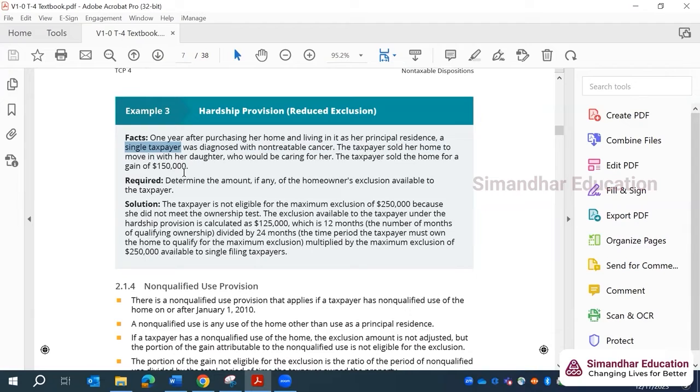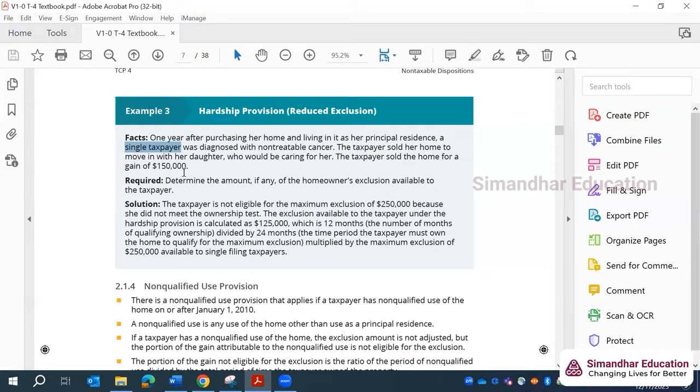Now, the third thing that we are going to see is how much of the ownership period the person has met, because that is what we are going to use as a numerator to prorate the exclusion amount. You're supposed to own the property for at least 2 years. But how long did the person own the property in this example? The person owned the property only for 1 year or 12 months. So 12 months is my numerator, 24 months is my denominator.